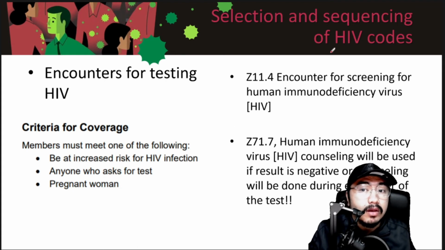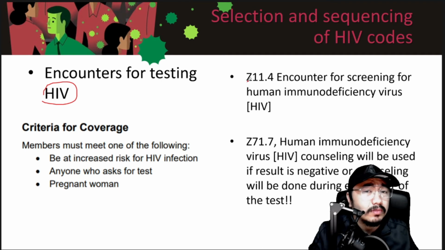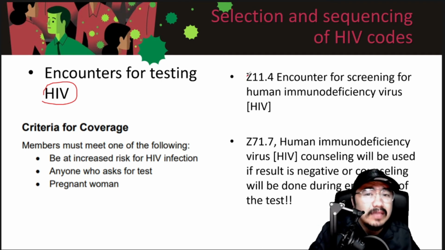Okay, all right. So next is for encounters for HIV testing. Just in case, guys, if the patient is here only for testing, no results were given yet, or the testing is the chief complaint, you'll be coding Z11.4.